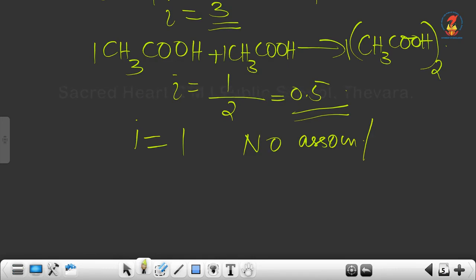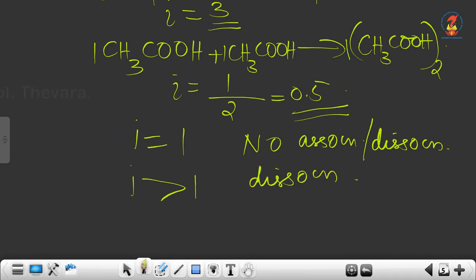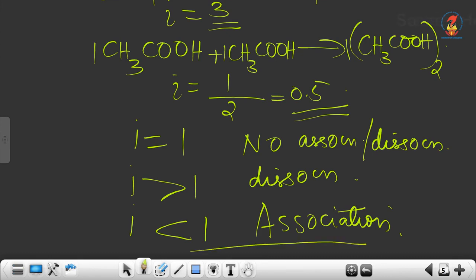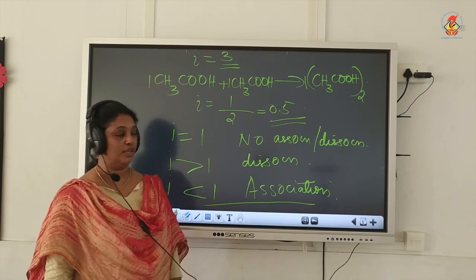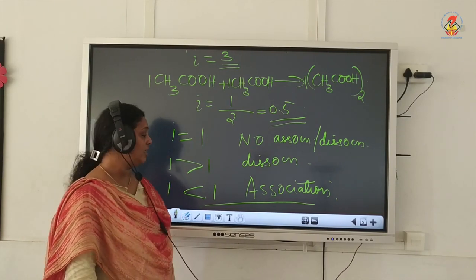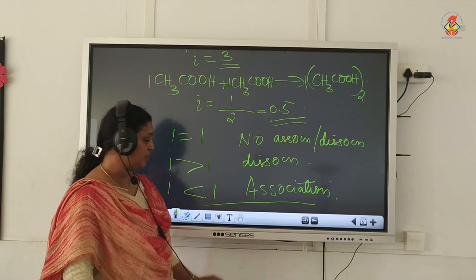Nothing has happened. Now, if i is greater than 1, the solute has undergone dissociation. And if i is less than 1, the solute has undergone association. So by looking at the i value, you can predict whether the solute has undergone association or dissociation. i greater than 1 is dissociation, i less than 1 is association.